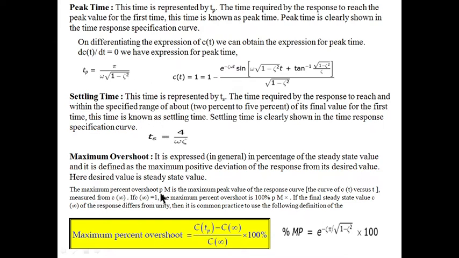The maximum percent overshoot Mp is based on the maximum peak value of the response curve. In the curve of c(t) versus t, the value at which the system becomes stable is c(infinity), and the maximum value is c(Tp). So c(Tp) minus c(infinity), upon c(infinity), into 100, gives the maximum percent overshoot.